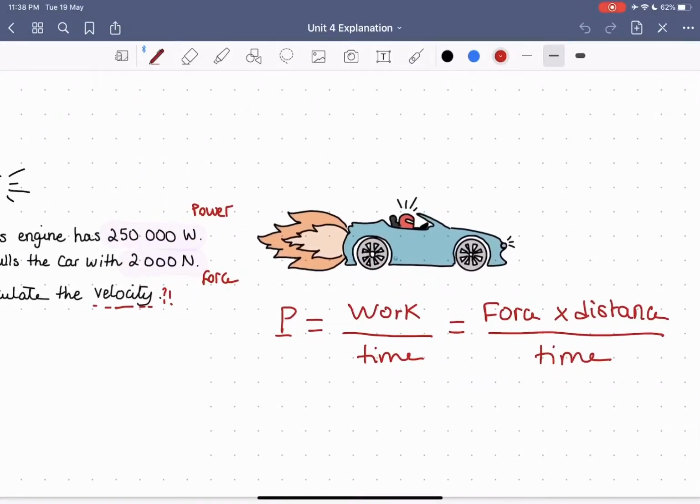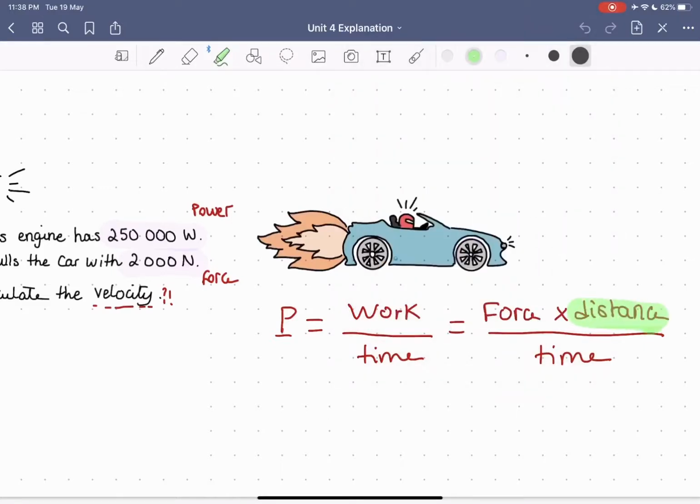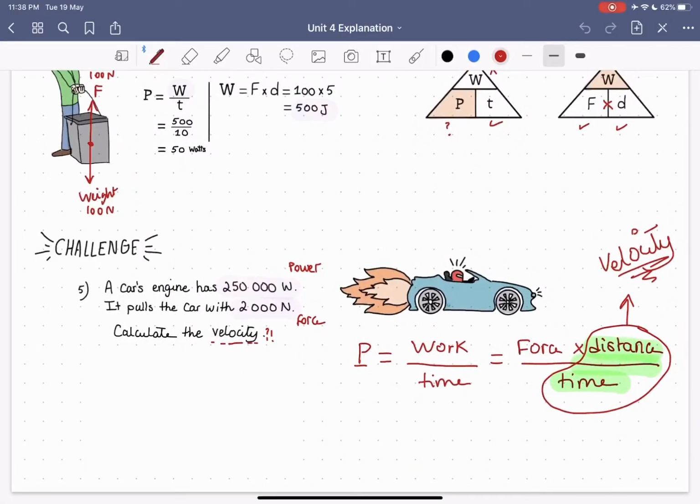So, is there anything familiar to us in this equation that we just have? Yes. So as you can see here, distance over time, this formula represents what? Distance over time represents the velocity. This is something we took in Unit 2 this year.